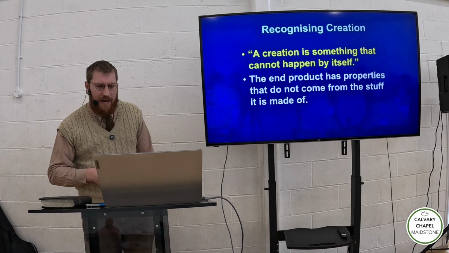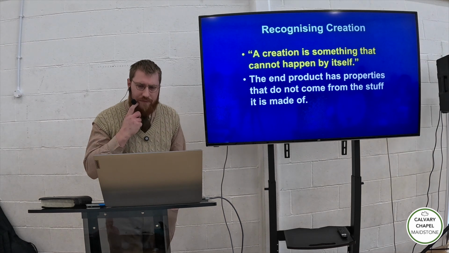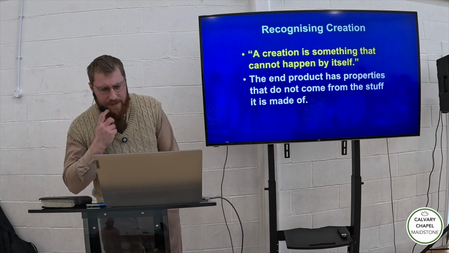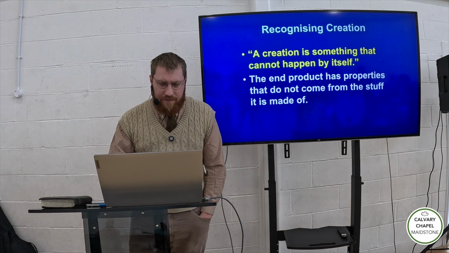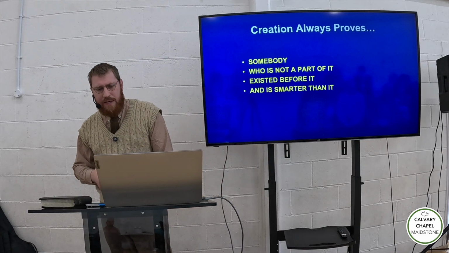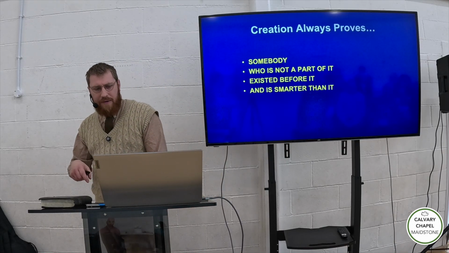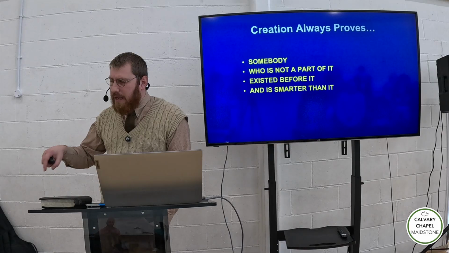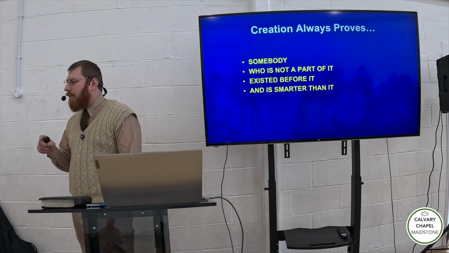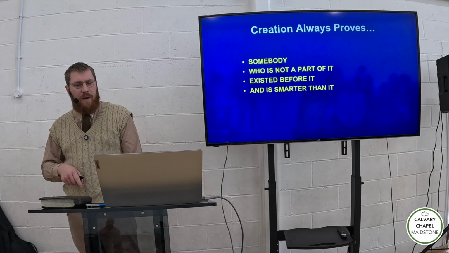A creation is something that cannot happen by itself. The end product has properties that do not come from the stuff that it's made of. And a creation will always prove somebody who's not part of it, somebody who existed before it, and somebody who's far smarter than it made those ingredients do what they do not do by themselves.